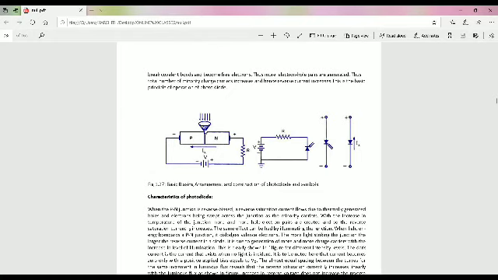Due to this, valence electrons are dislodged from the covalent bonds and become free electrons. Thus, more electron-hole pairs are generated, the total number of minority charge carriers increases, and hence reverse current also increases. This is the basic principle.